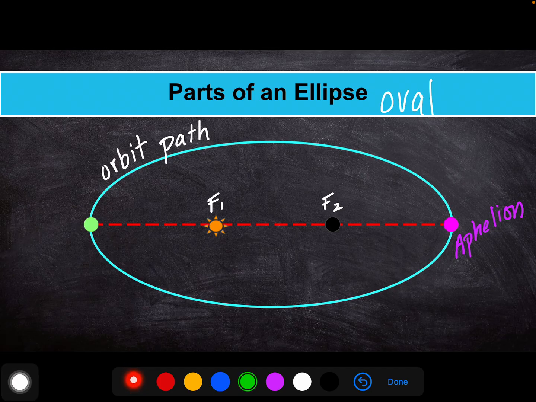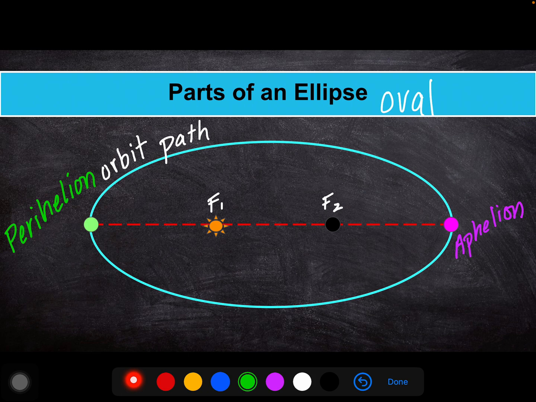And over here then is our perihelion, our closest point that the object reaches on its orbit path relative to the sun. Okay, so lots of different ways you can think about those terms to remember. We mentioned that one, aphelion is away, the farthest away in that example. So we're going to continue to use these parts as we talk today, highlighting really that distance between the perihelion and the sun and the aphelion and the sun.